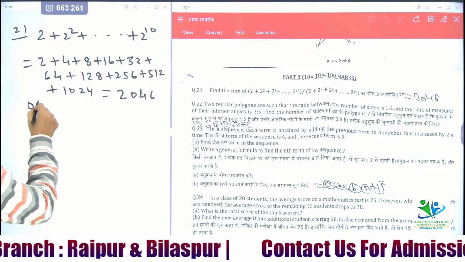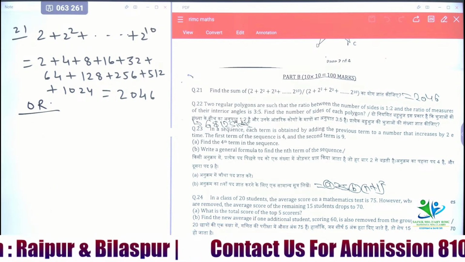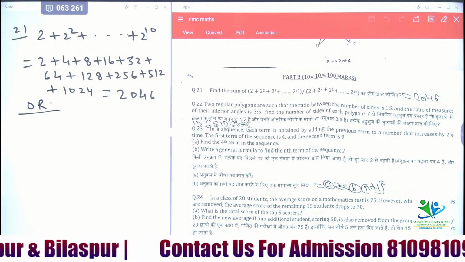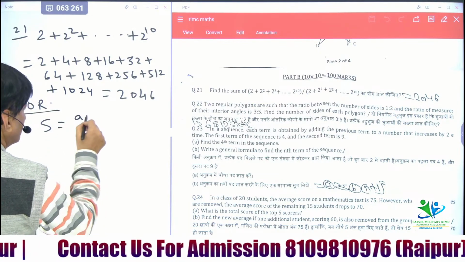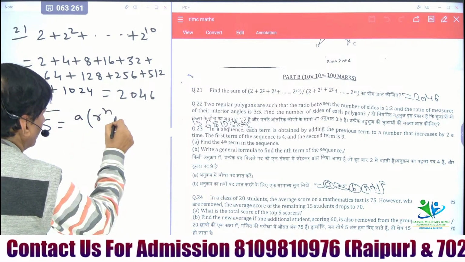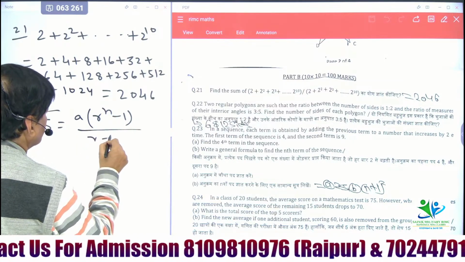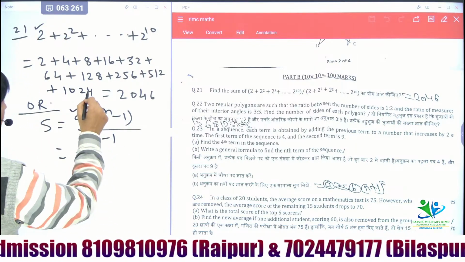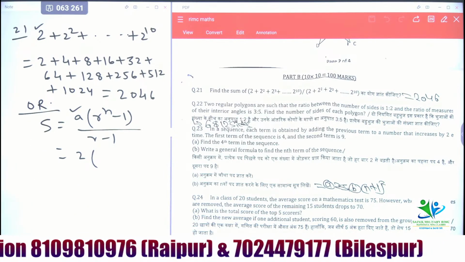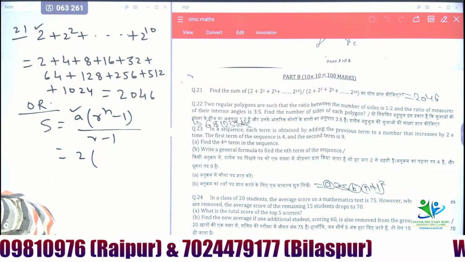See the alternative method using the geometric progression formula: the sum is equal to A into R to the power n minus 1 divided by R minus 1. Here A, the first term, is 2, and R is the common ratio, the second term divided by the first term.